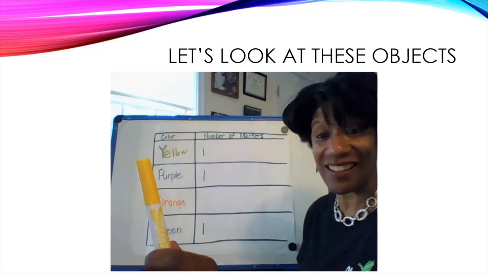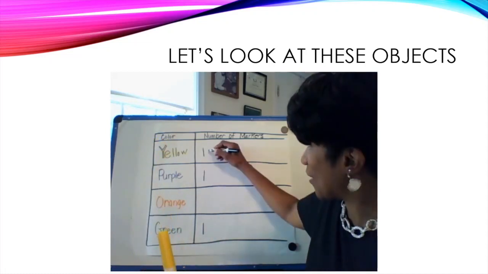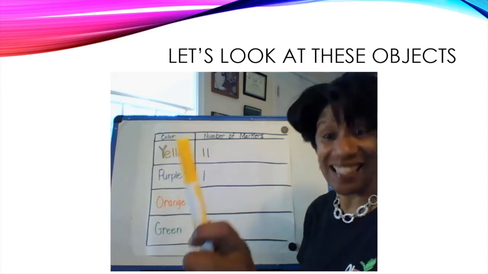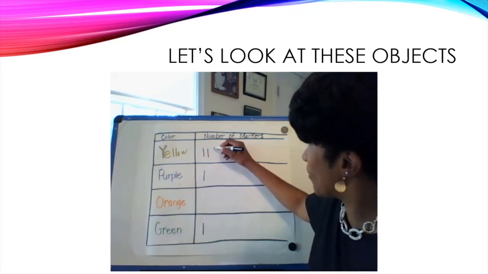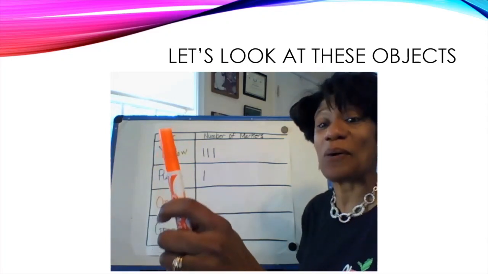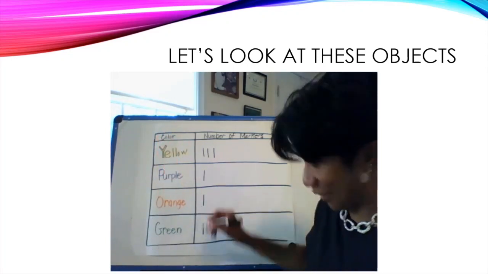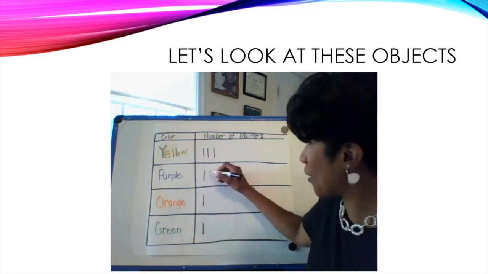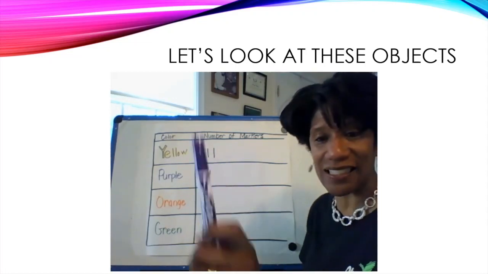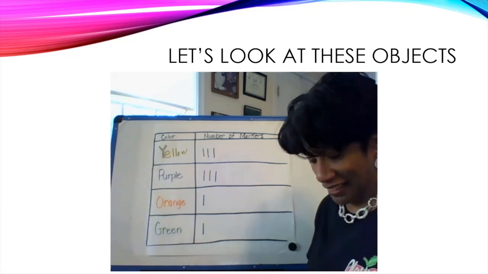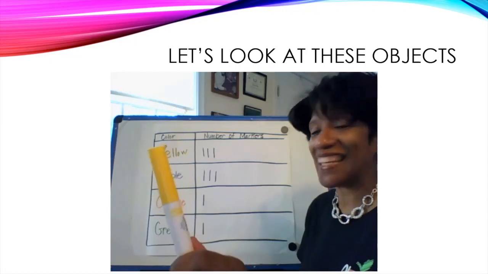What color? Yellow. Another yellow. What color? Yes, another yellow. What color? Orange. Super. What color? Purple. Oh my goodness, you know your colors. Purple. What color?